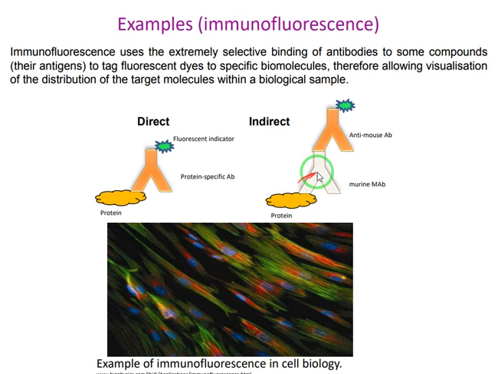In the second step, another antibody, the secondary antibody, with the fluorescent indicator on it, which has the affinity towards the primary antibody, is introduced into the sample.